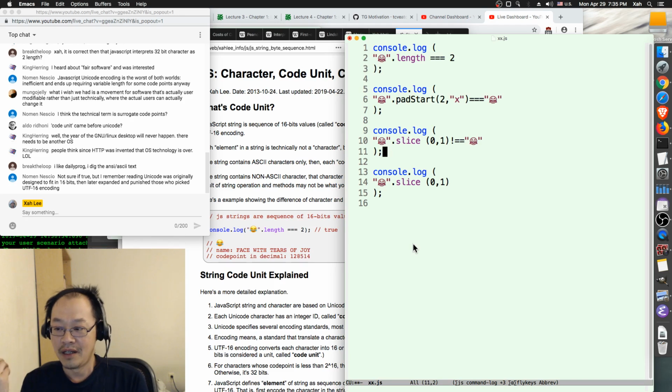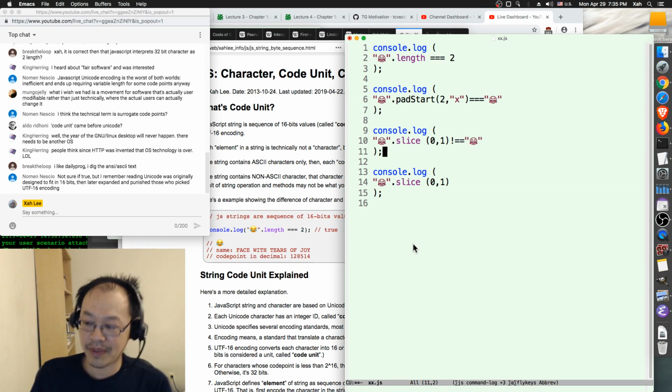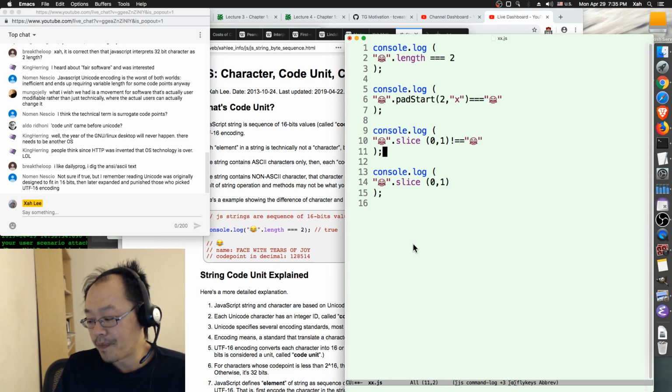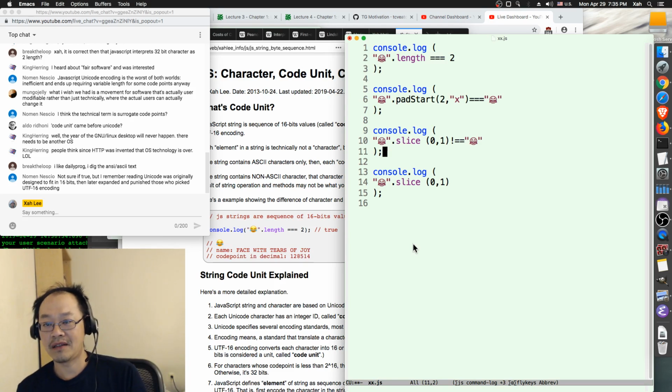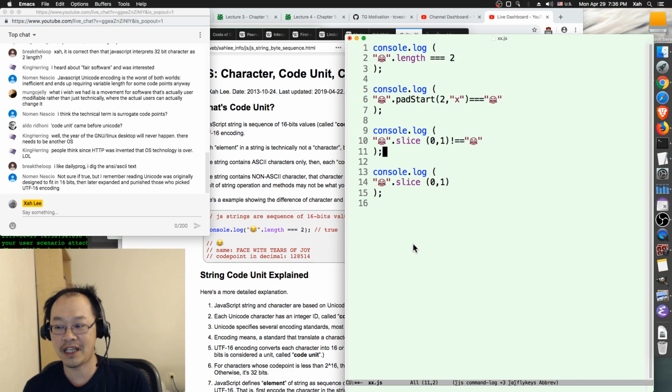So anyway, JavaScript began around 1995, and Java began about the same time; Java is a bit earlier. At that time, the common thought was that Unicode would be popular. Unicode was already widely accepted, but UTF-8 was almost not on the scene yet.